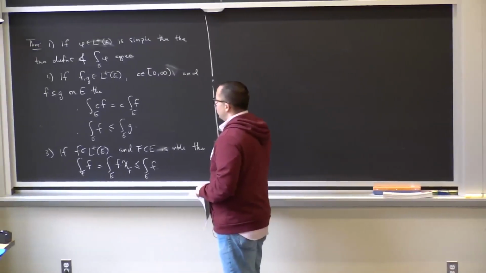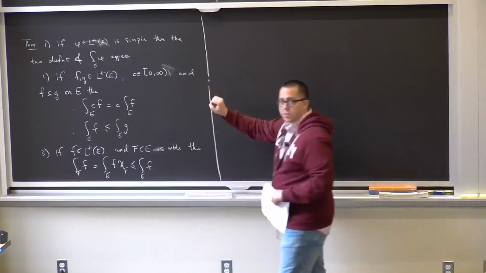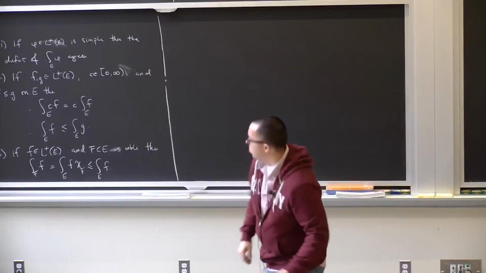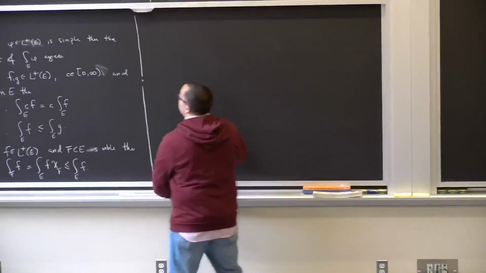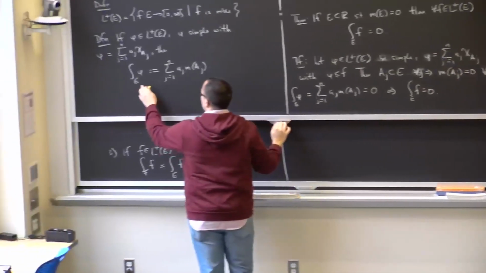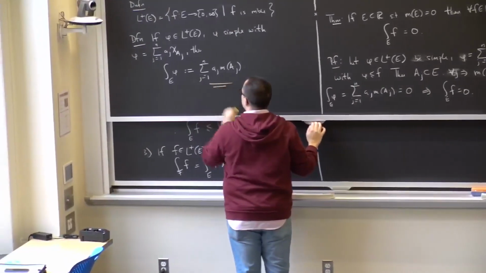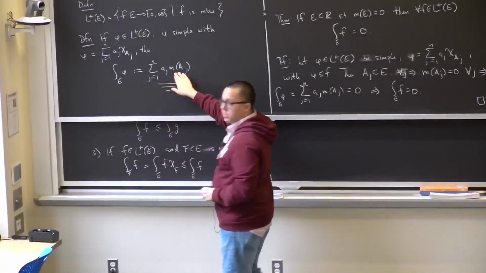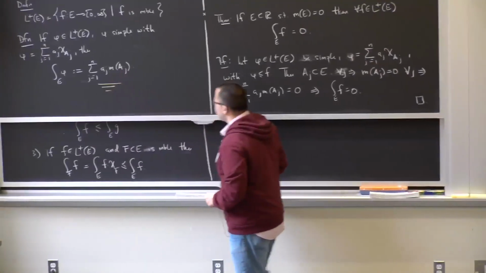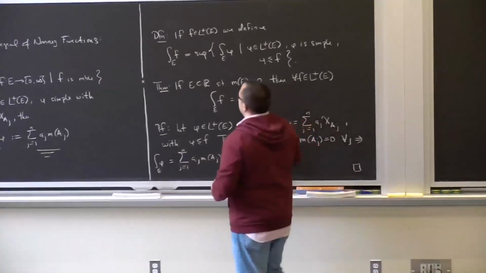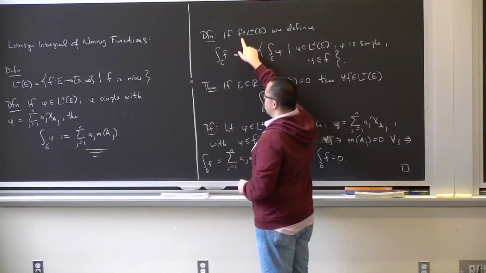So I think all the rest of the statements 2 and 3 are completely unambiguous. Maybe you're wondering, what exactly did I mean by 1? So we had kind of two definitions of the integral of a simple function, right? We defined it first as the sum of the coefficients times the measure of these sets. And then we also have a second definition, right? Because a simple function, which is a measurable non-negative simple function, is also in this set.